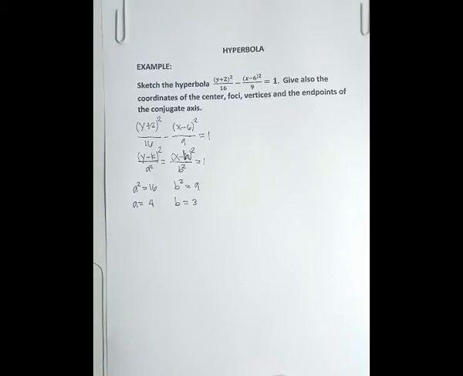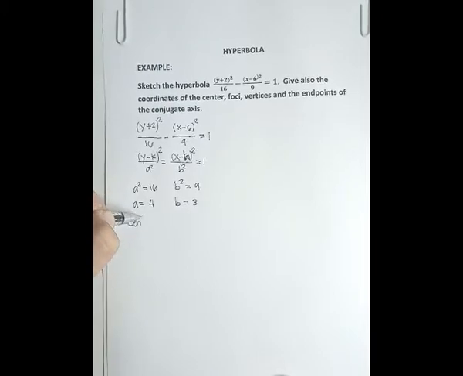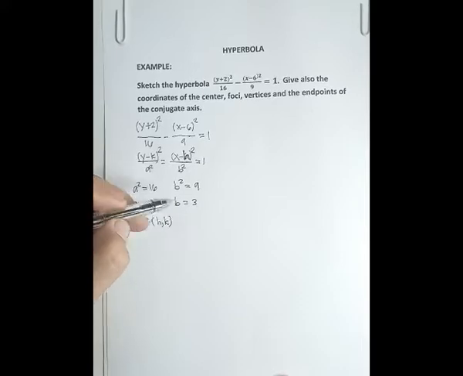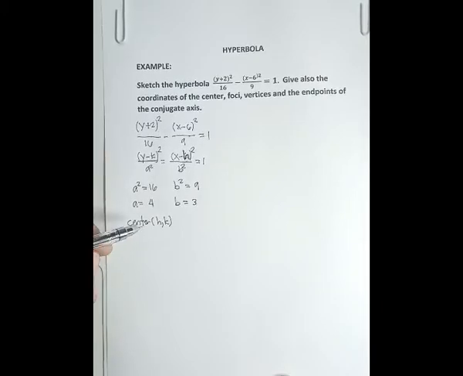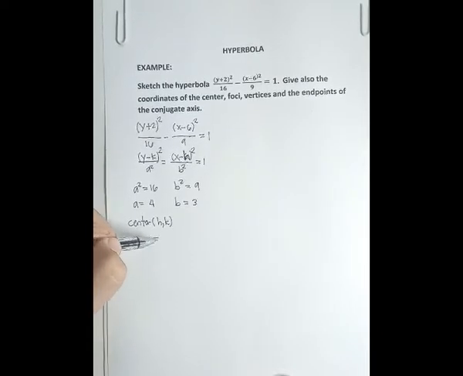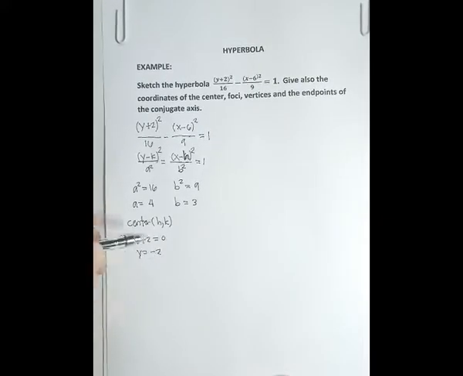Okay, but how about the center of the hyperbola? Our center is (h, k). For the center, we have to solve for y and x. We have y plus 2, we equate it to 0, so y equals negative 2.